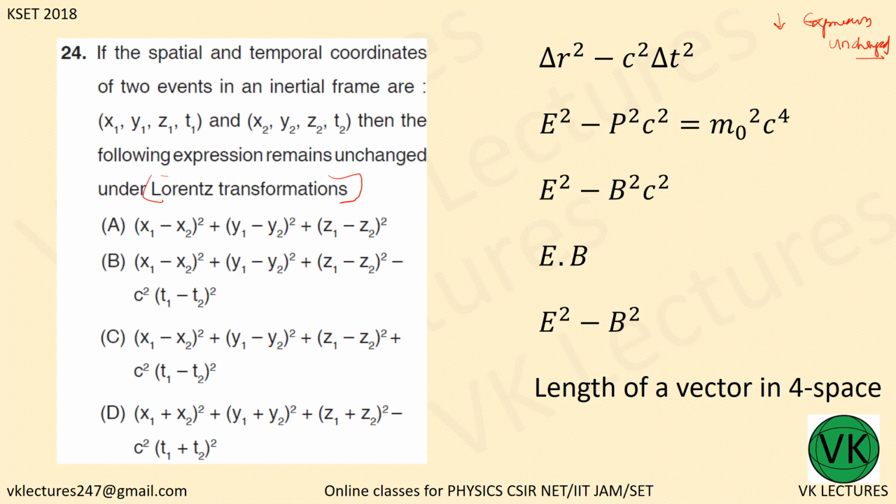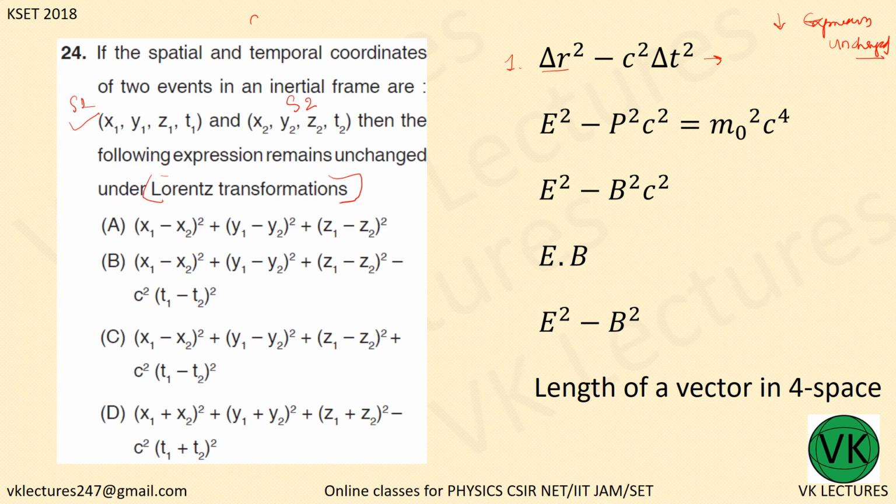The first one is delta r square minus c square delta t square. This particular quantity remains unchanged under Lorentz transformation. And what is r square?